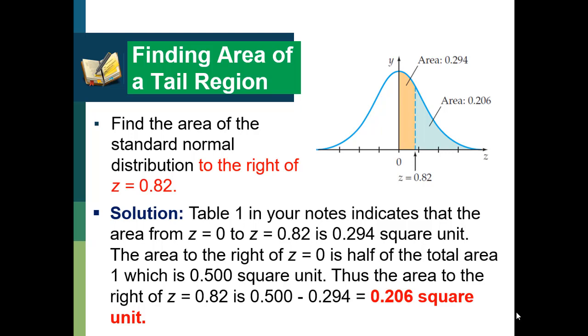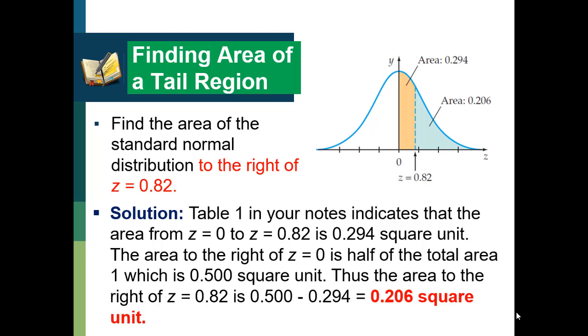That means half of 1, or 50%, is to the right because it's symmetric, and 50% is also to the left. Since we're only looking for the area to the right, we only consider 0.5. Hence, to get the area to the right of 0.82, you subtract 0.294 from 0.5, and the remaining area to the right is 0.206 square unit. Did you get it?